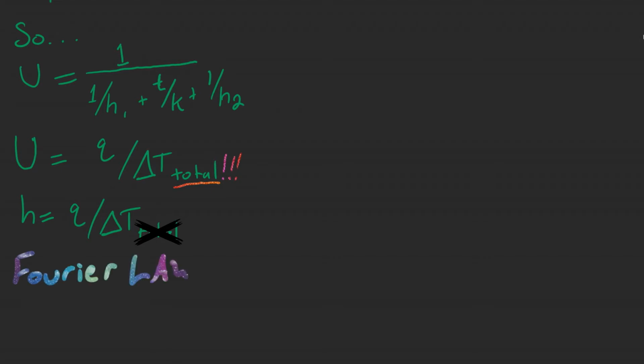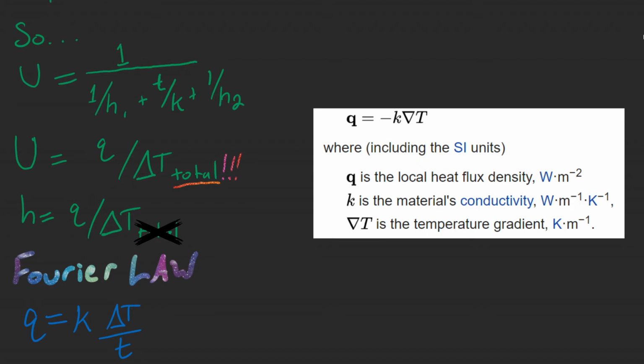Anyway, Joseph Fourier made a law. Joseph Fourier is a genius. His law was Q, the heat flux, equals K times delta T of the area divided by thickness.